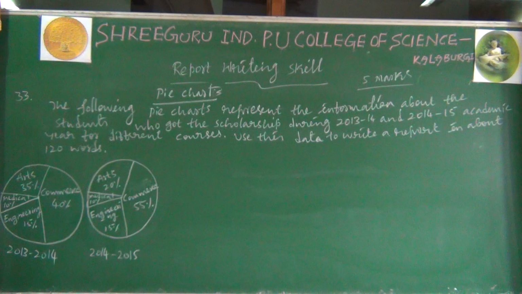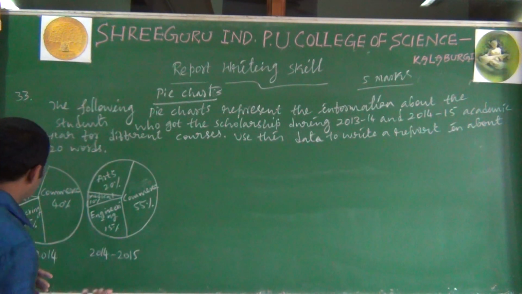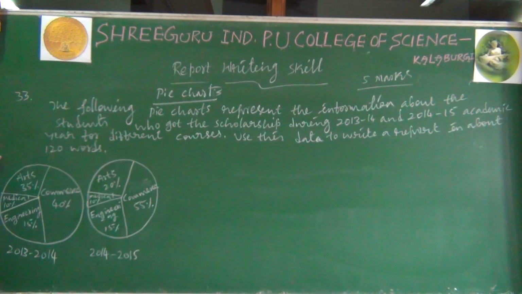So these two pie charts will give us the information about, right? We come across in what way these two pie charts figure with their data information given over here.